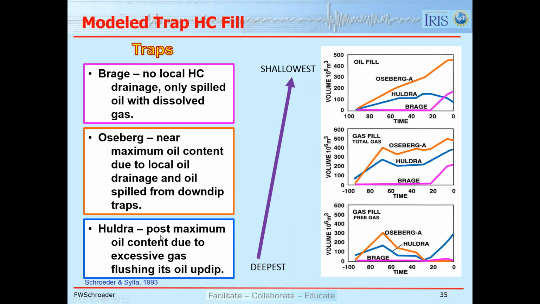So Huldra, the deepest one, the maximum oil content has been released. We've added excess gas, and so we're spilling oil and retaining gas in Huldra. Oseberg is close to having its maximum oil content. It's getting locally derived oil plus spillage from deeper drainage areas, such as the Huldra drainage area.